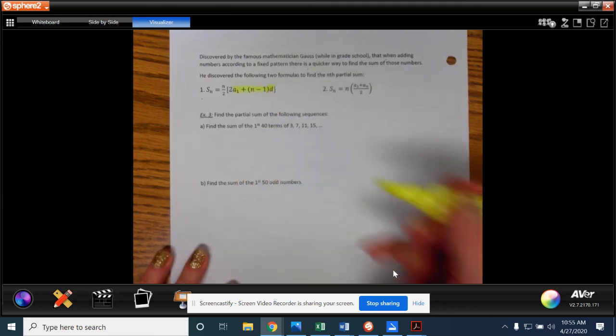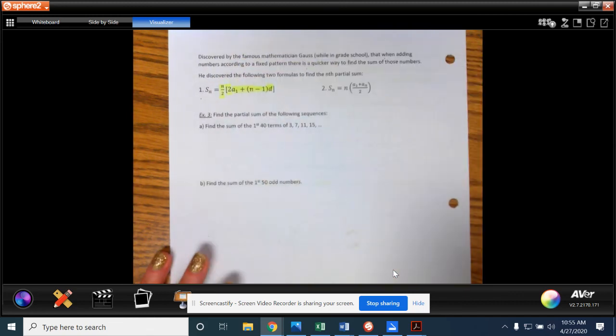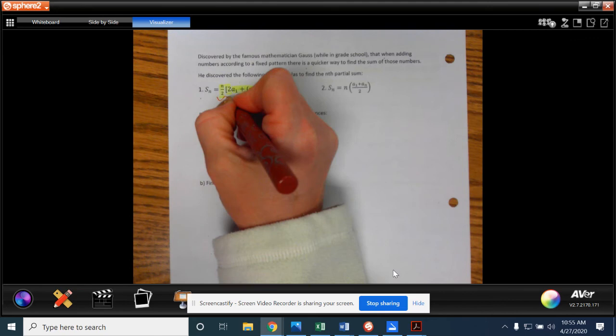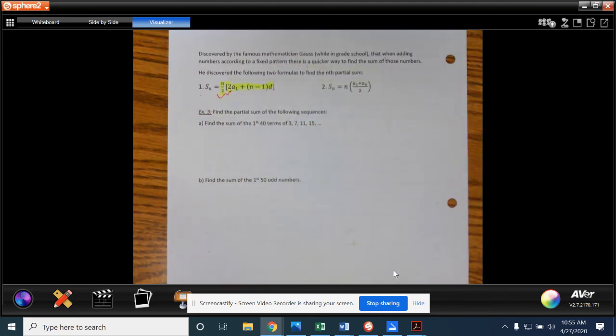So these two pieces were added to the arithmetic general form. Make sure that you don't confuse that one with finding a number in the sequence versus finding the partial sum.